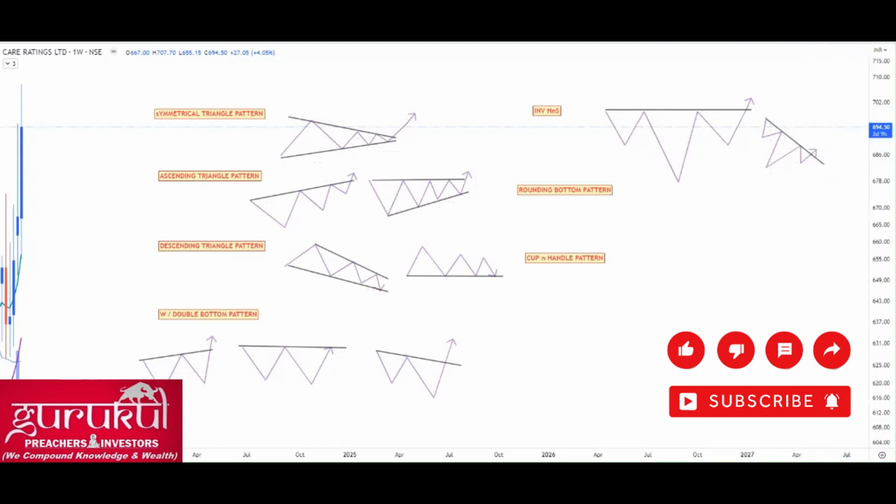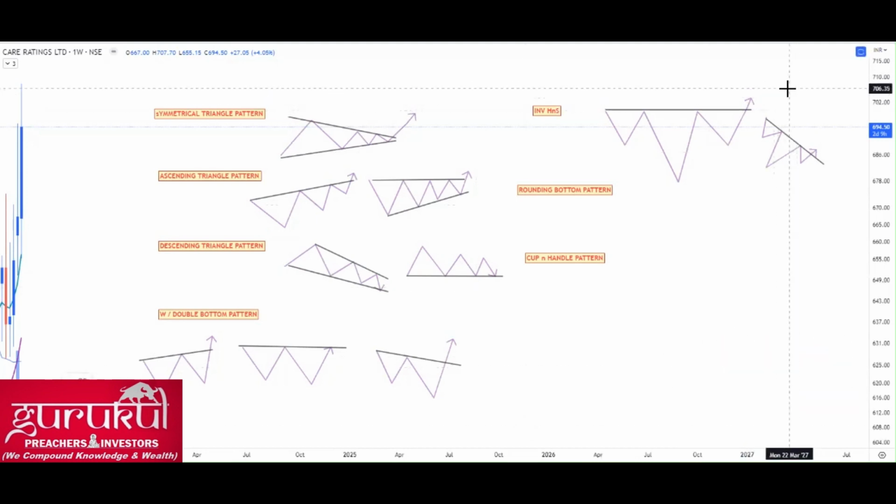You must be thinking, can an inverse head and shoulder be slanting? Yes, it can be slanting, right? There can also be one like this. So you must always respect such patterns whenever you get them during the market.